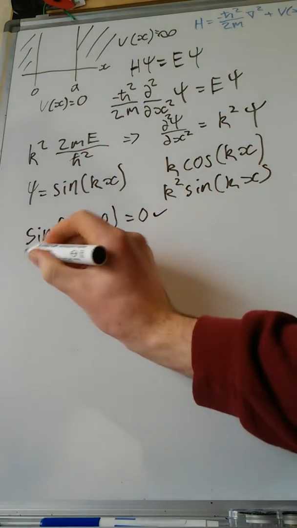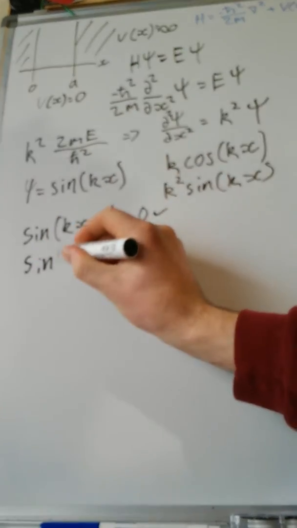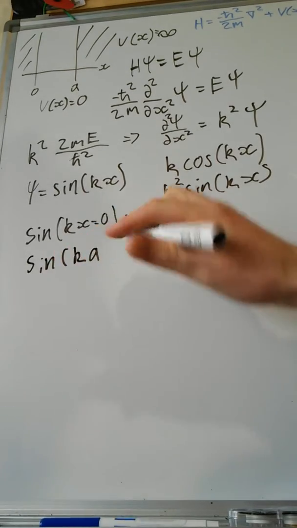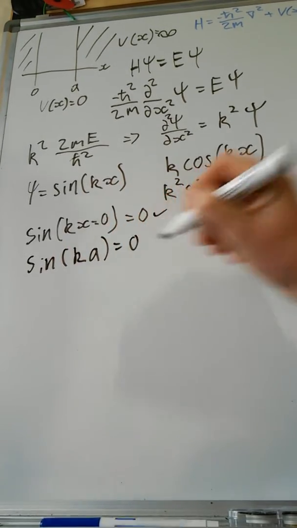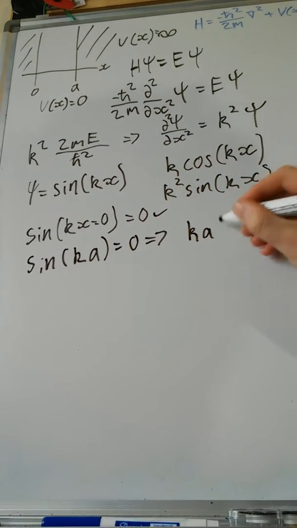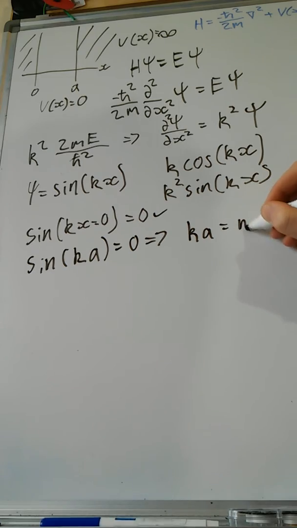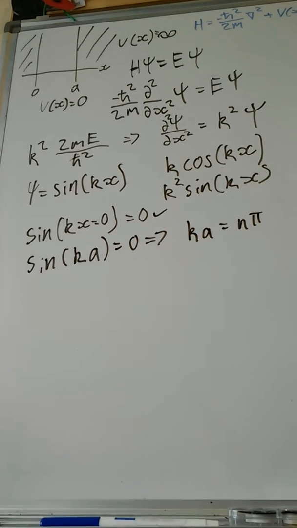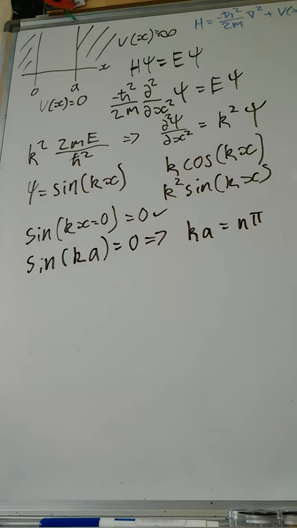But also sine ka, where x equals a, must also equal 0. Thus, ka must equal n pi, where n is any integer multiple. But we've already defined k back here, so how do we justify this?